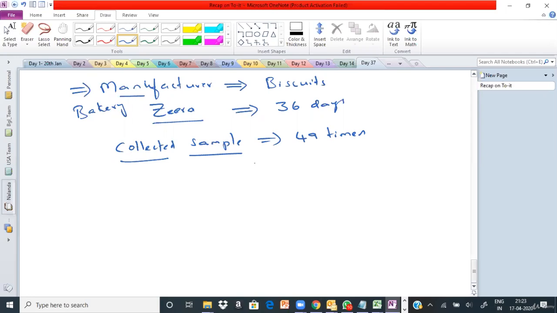After collecting the entire data, you calculated the average life of Jeera biscuits. Your Jeera biscuits turned out to be 34.5 days.